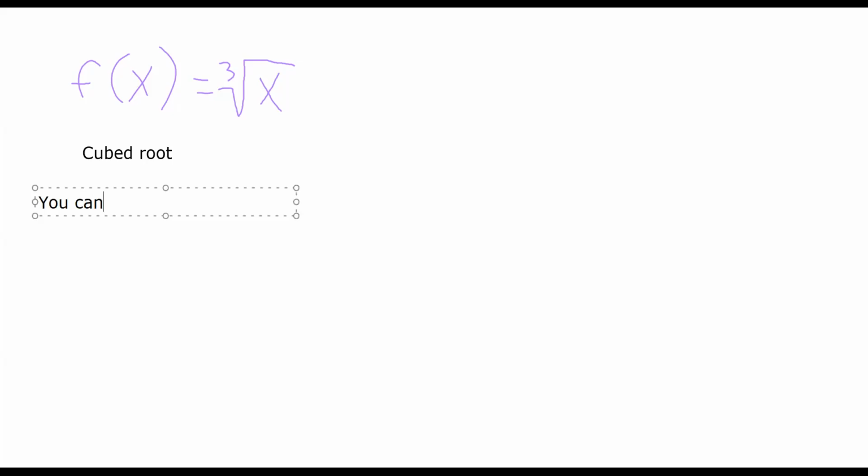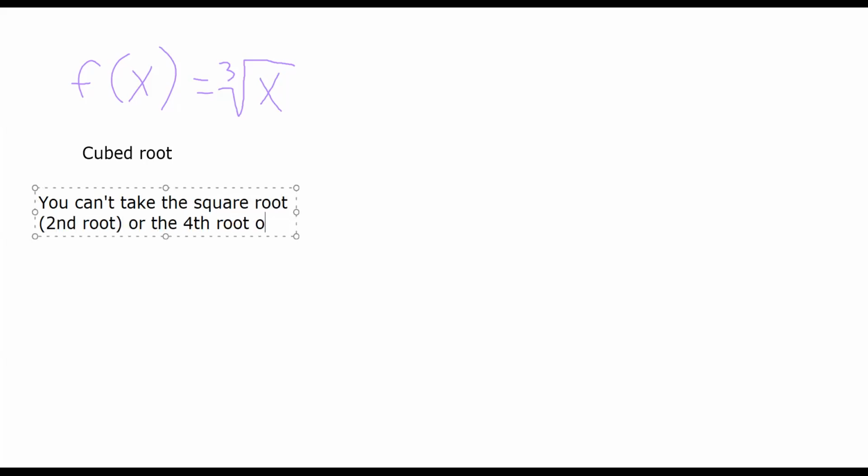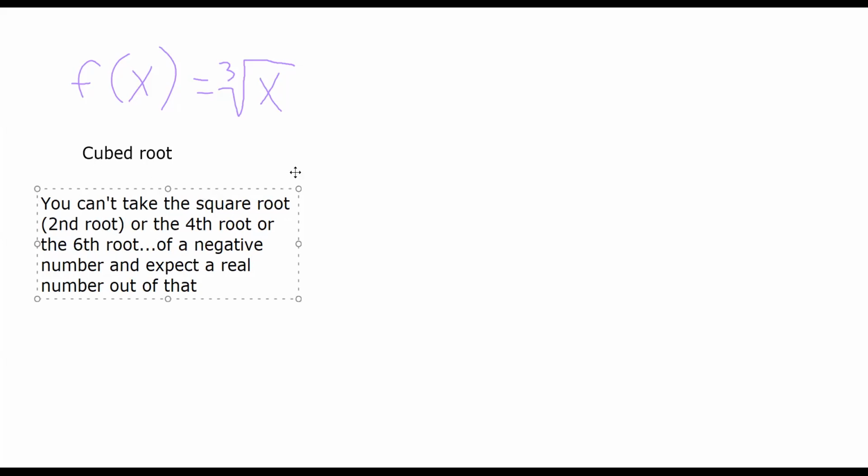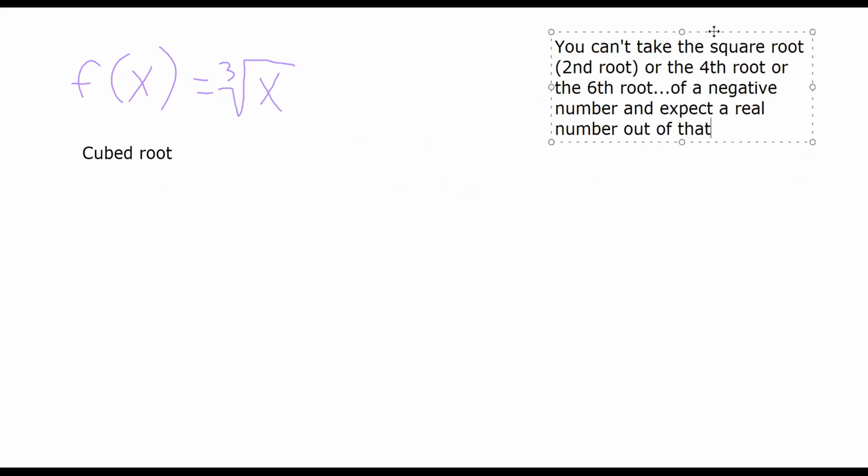You can't take the square root. The square root is really just the second root, or the fourth root, or the sixth root, and so on and so forth. You can't take an even root of a negative number and expect a real number out of that. You just can't. It's not going to happen. But that's kind of like a little aside over here.